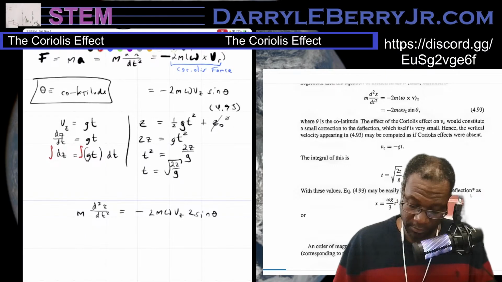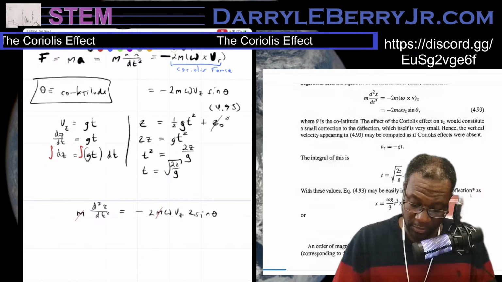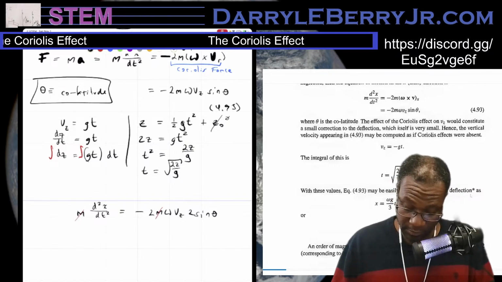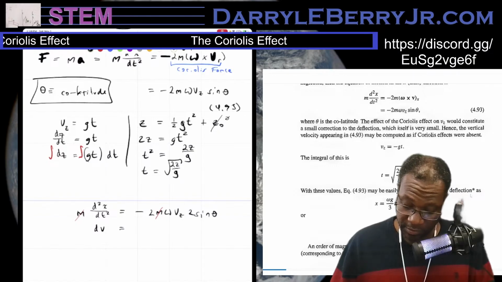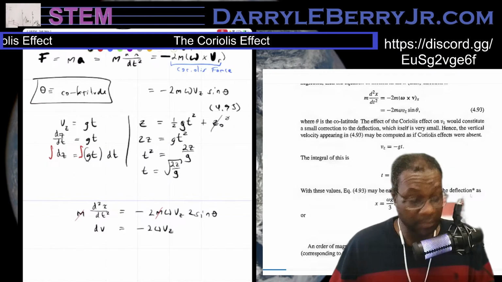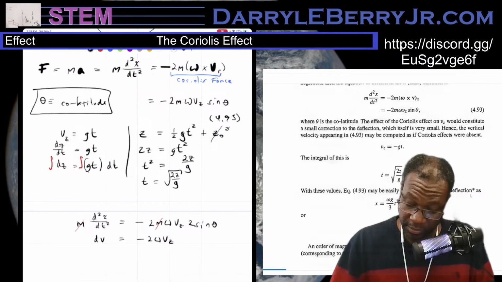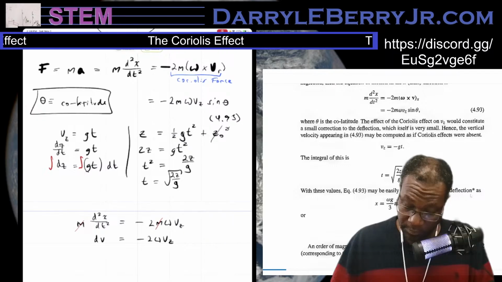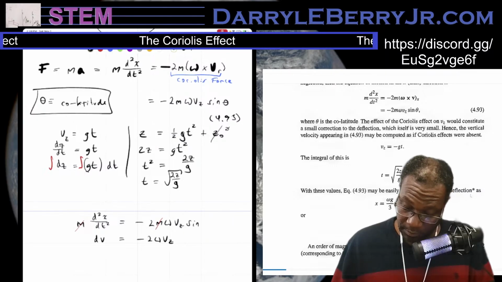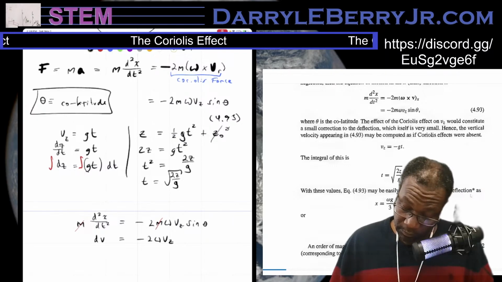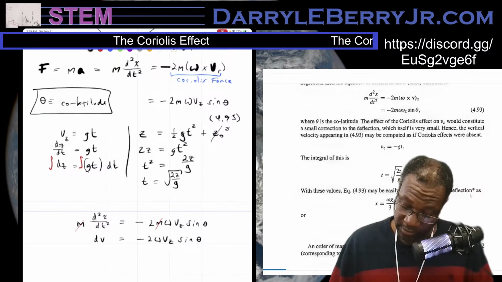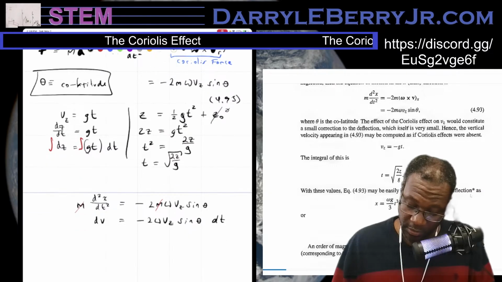And we're going to cancel. And now dv equals negative 2 omega vz sine theta dt.